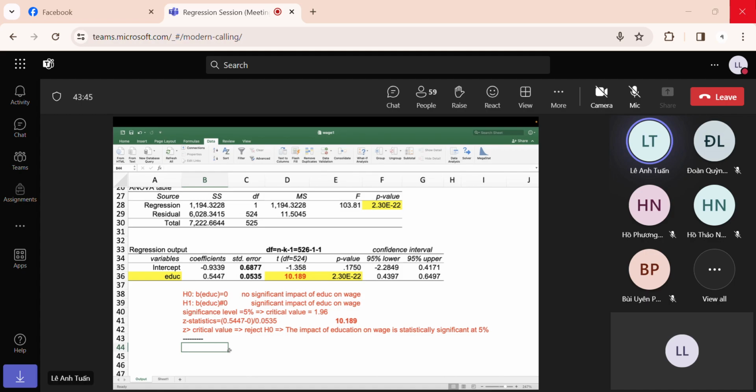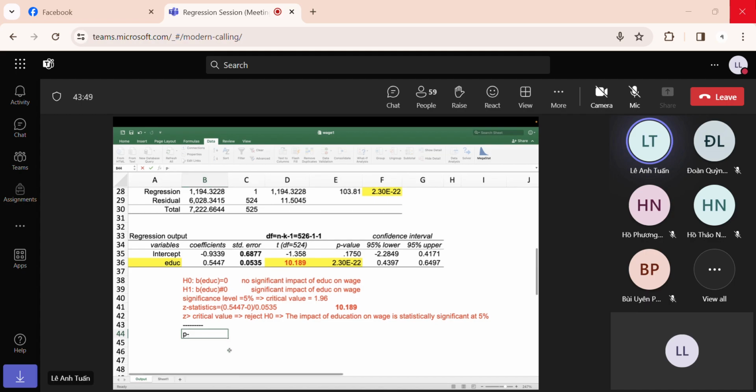You remember, to test a hypothesis, if the p-value is smaller than the significance level, we will reject the null hypothesis, right? For the one sample test, we needed to calculate the p-value by ourselves.